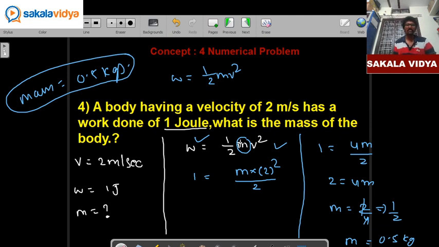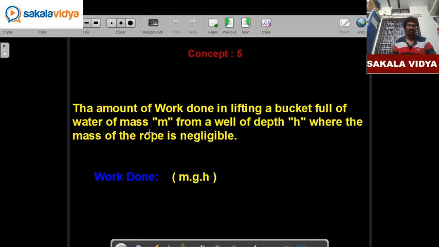Okay, now let us go for one more concept. The amount of work done in lifting a bucket full of water of mass m from a well of depth h, where the mass of the rope is negligible. So guys, remember, the mass of the rope is negligible. So what is the formula to calculate work done?